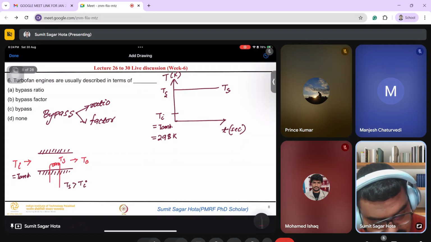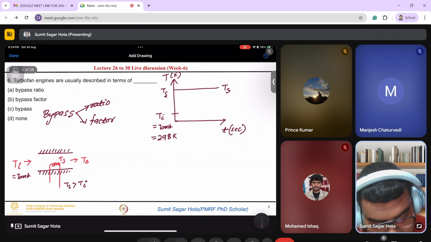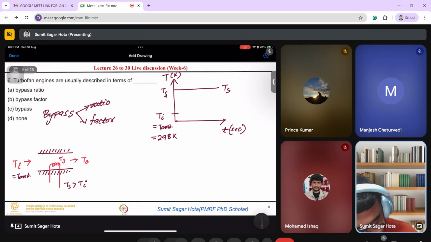For that condition, Ti will start to rise, and until the outlet it is going to rise, then it becomes constant. But it cannot touch Ts, because it requires infinite time to stay there to reach the temperature Ts. So only at infinity can they touch.